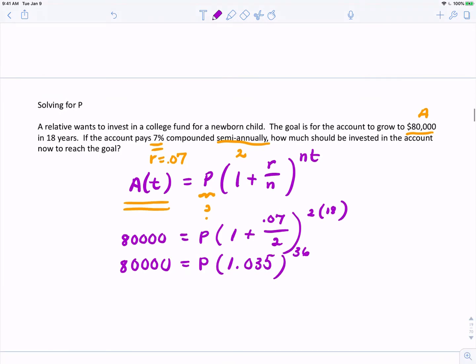So to solve this, all we have to do is take both sides of this equation and divide it by 1.035 to the 36th power. And that will tell us how much needs to be invested.